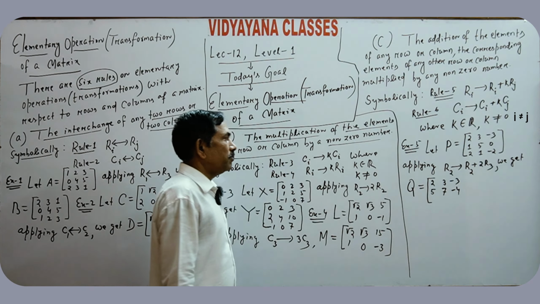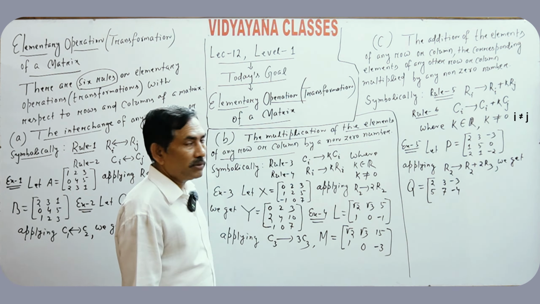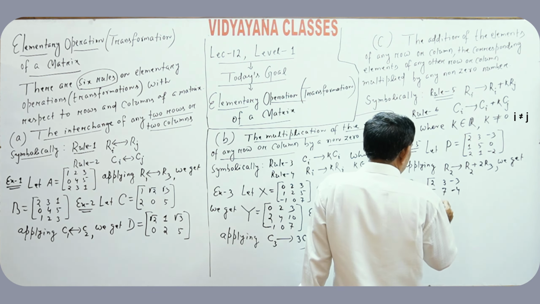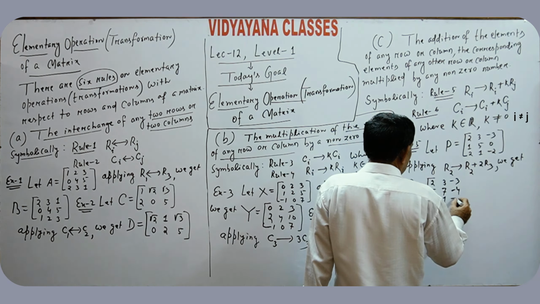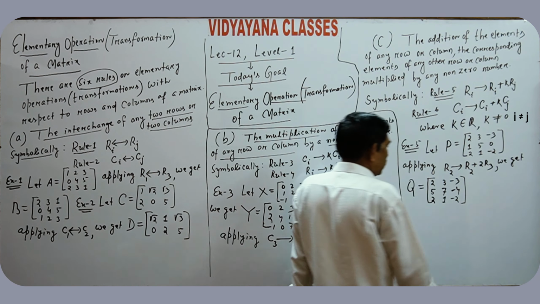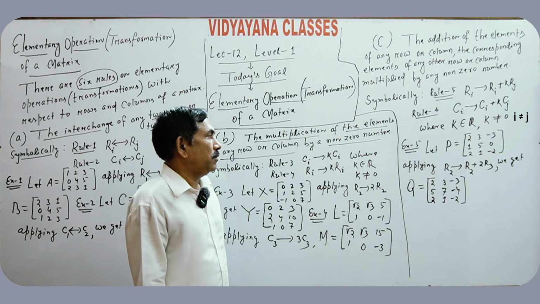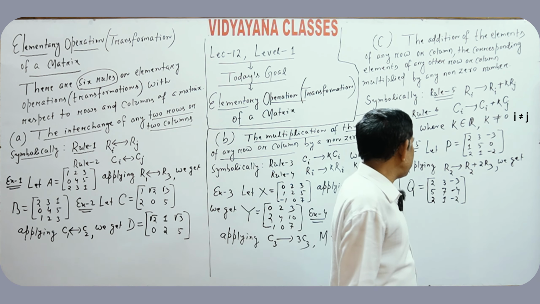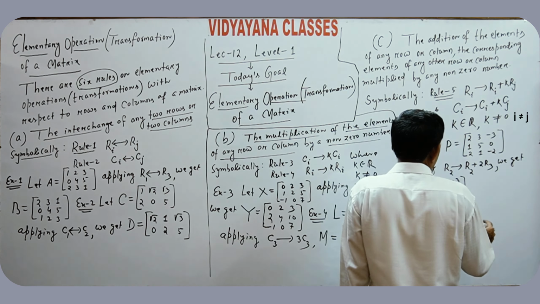Row 2 is replaced by row 2 plus 2 times of row 3. No change of row 3, that means 2, 1, minus 2. Clear? According to rule 5.